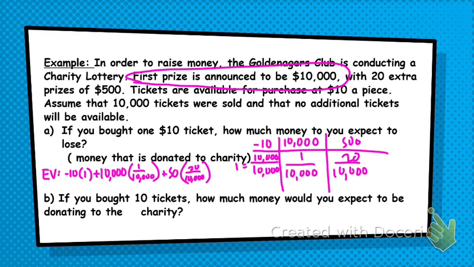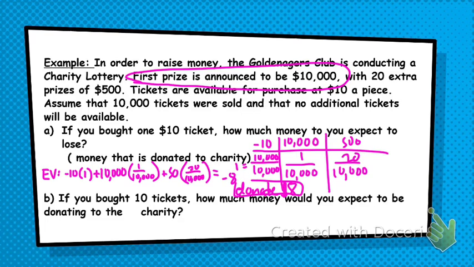So what's my expected value? When I calculate this all out, my expected value is negative 8. What that means is that when I donate, I'm losing 8 for every ticket sold. I'm donating $8. That is the expected value.